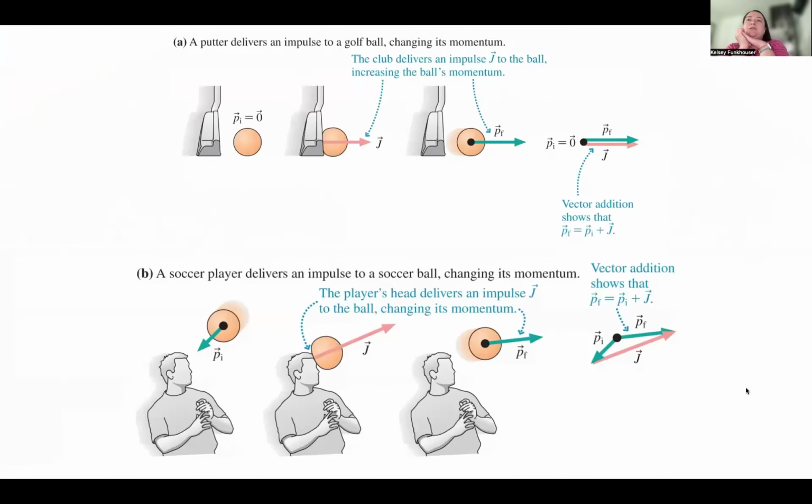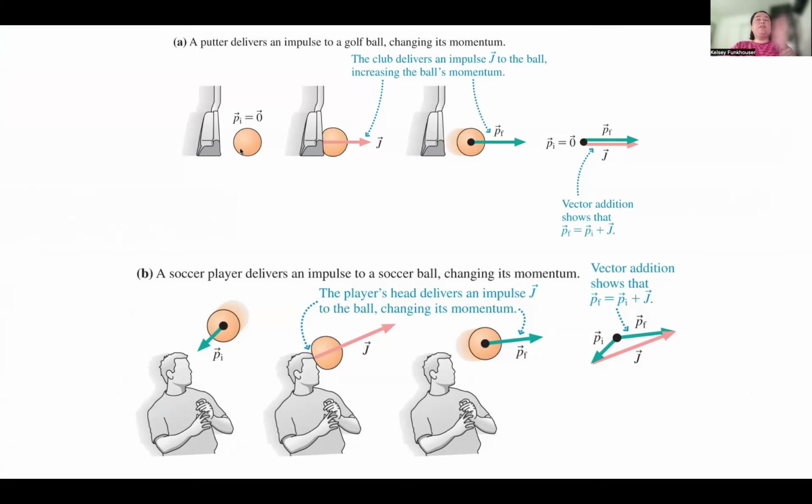Here's just a couple examples of other collisions and how this plays out. So for the top one, we have a golf club hitting a golf ball. And a golf ball is a lot harder than a soccer ball, for example. So we do see, I mean, this is a graphic, but still, we see a slight compression of the ball during the collision.